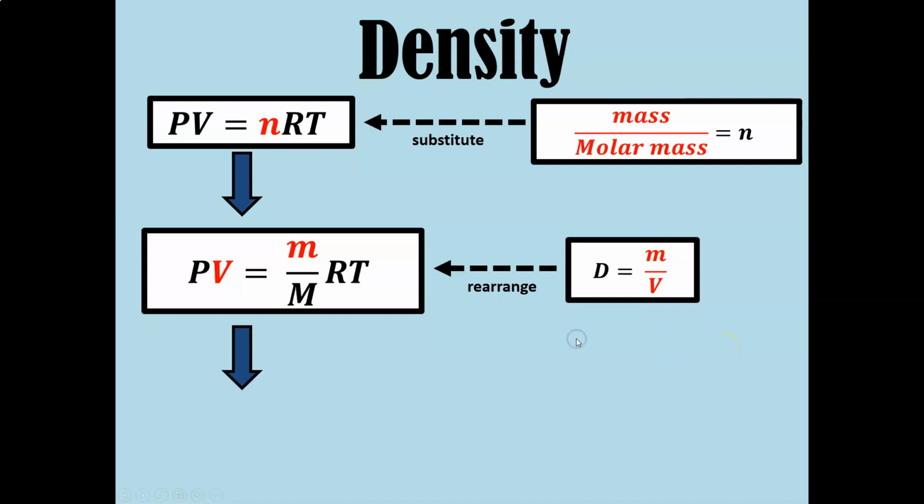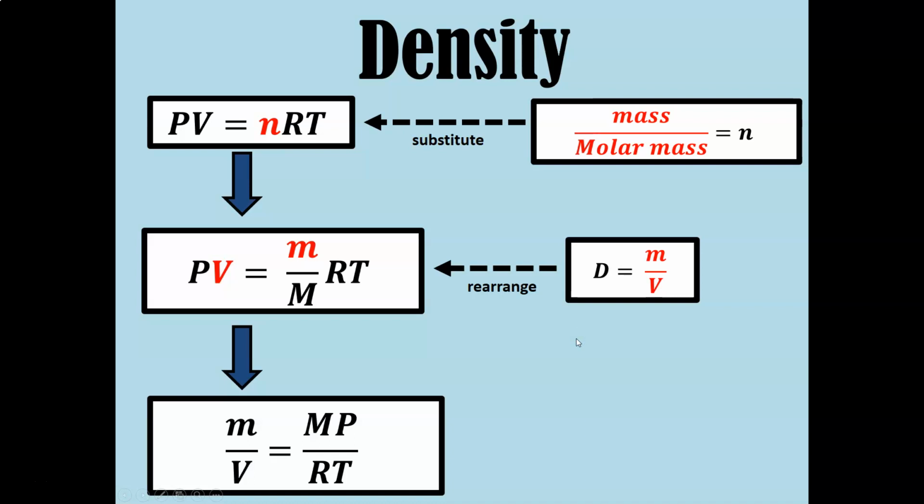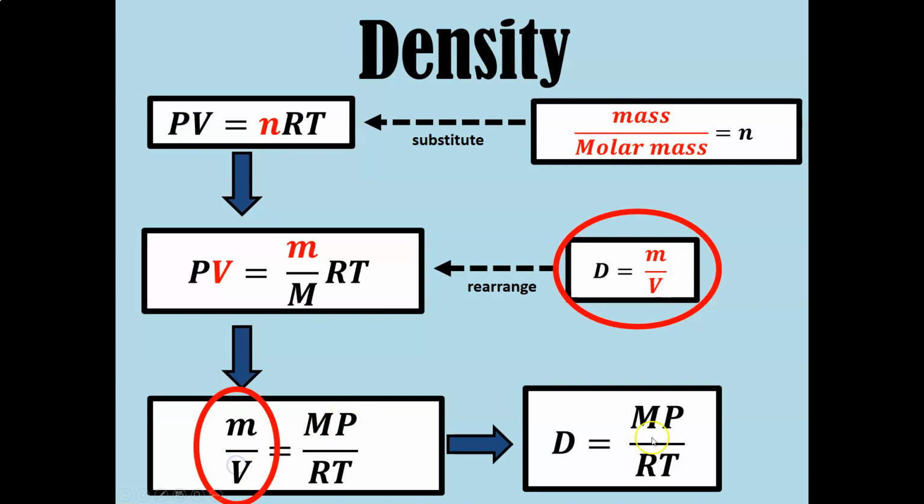So I end up with M over V is capital M P over R T. And if you look, that's the same as saying density. Density is molar mass times the pressure divided by the R value times the temperature. Okay?